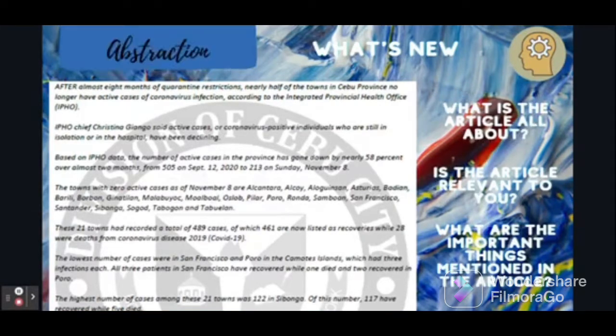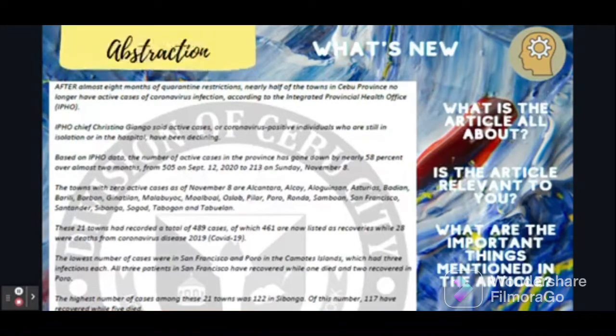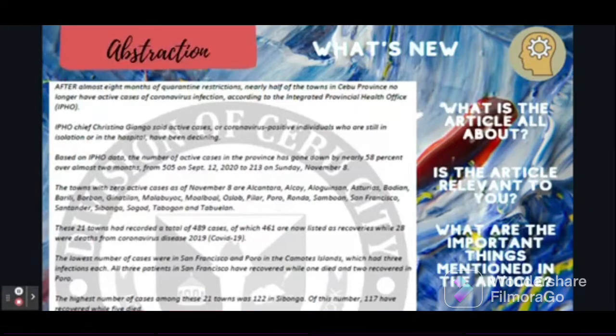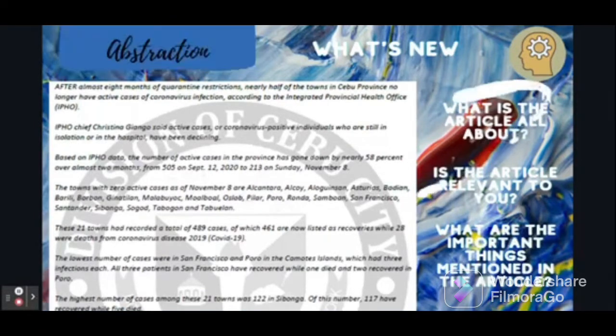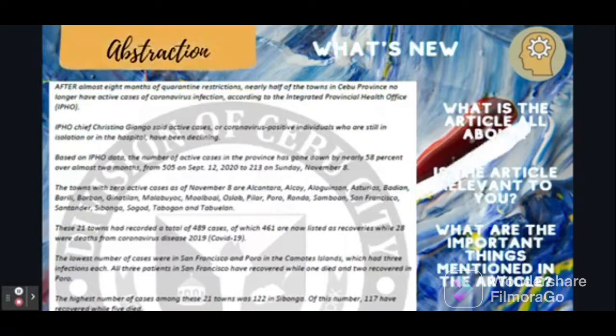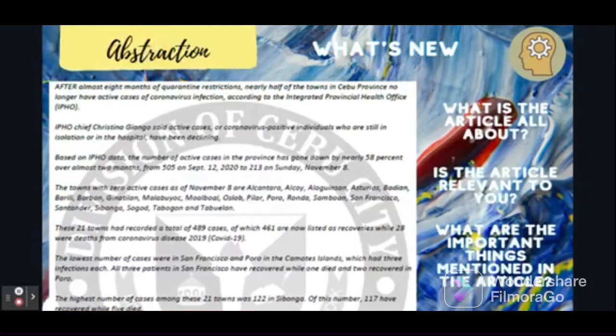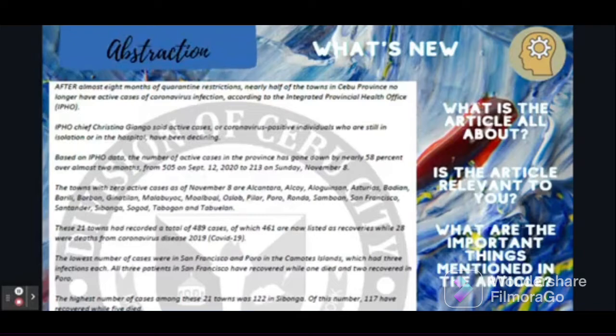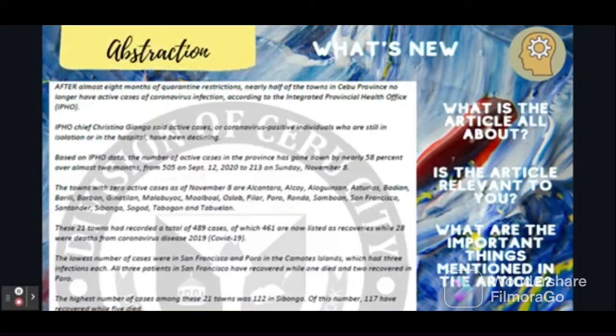Towns in Cebu: Alcantara, Alcoy, Aluginsan, Asturias, Badian, Barili, Borbon, Malabuyoc, Oslob, Pilar, Poro, Ronda, Samboan, San Francisco, Santander, Sibonga, Sogod, Tabogon, and Tabuelan. Then 21 towns had recorded a total of 489 cases, of which 461 are now listed as recoveries, while 28 were deaths from coronavirus disease 2019 or COVID-19.